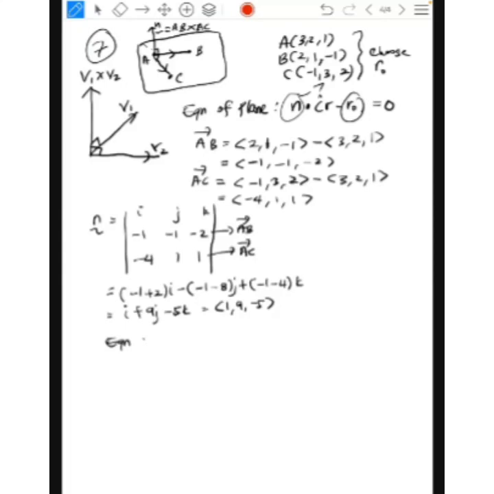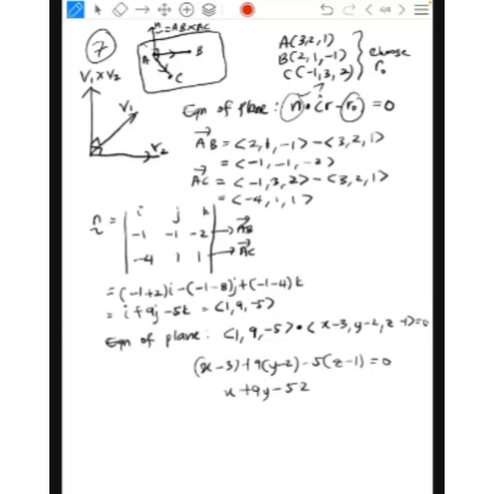Okay, then the equation of plane. So you have x plus 9y minus 5z minus 16 equals to 0.